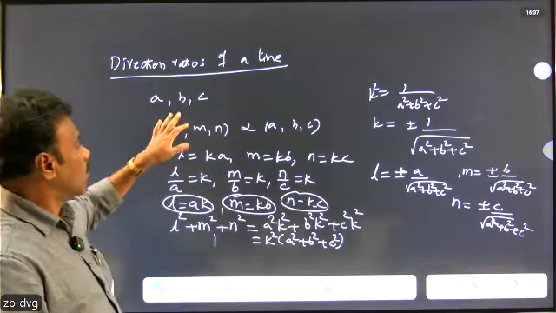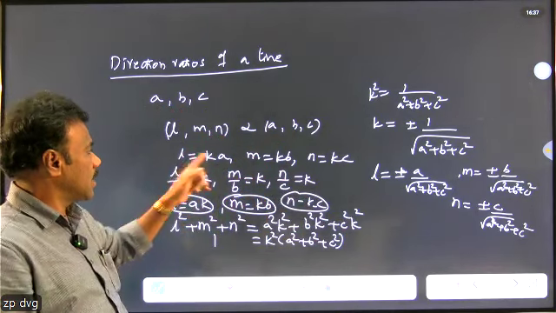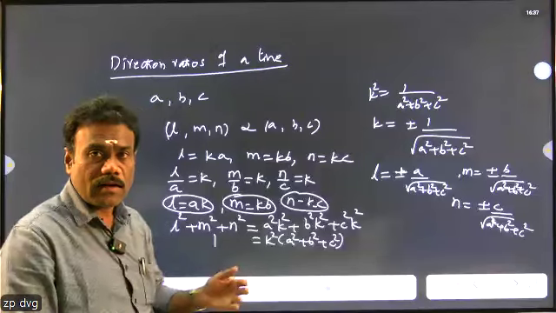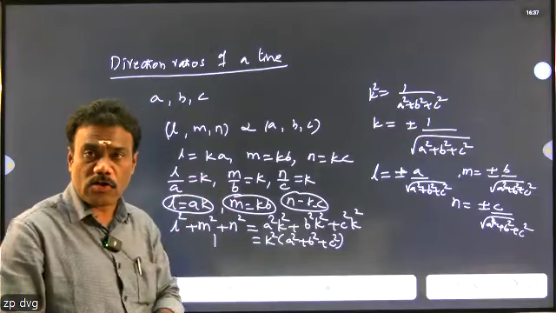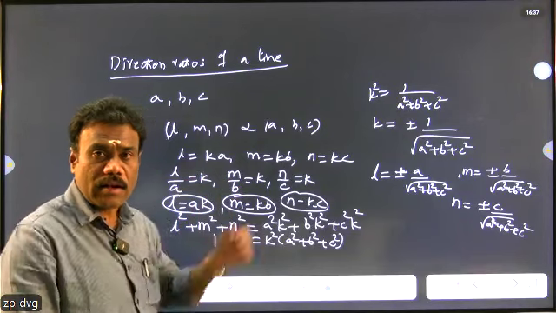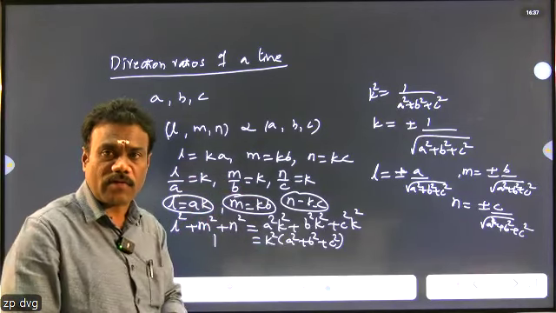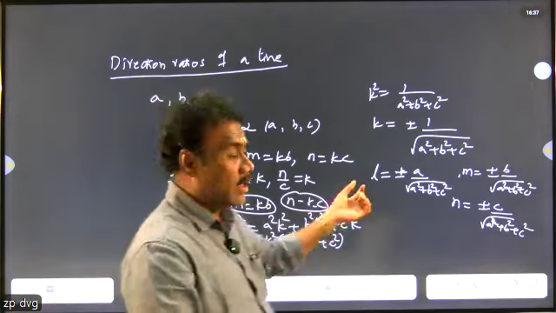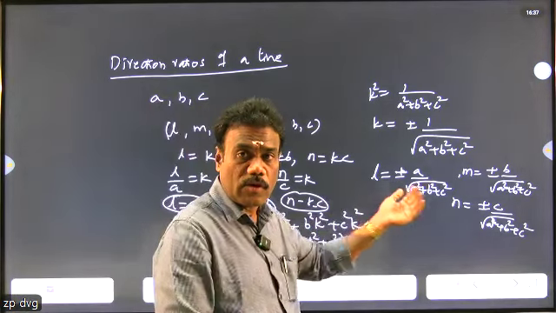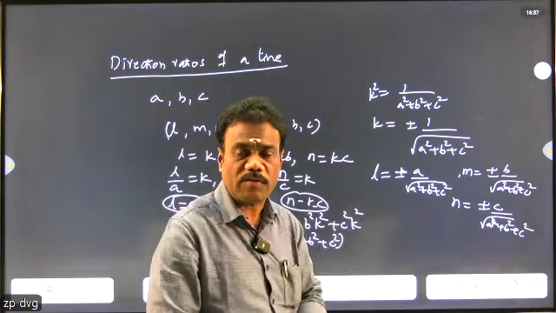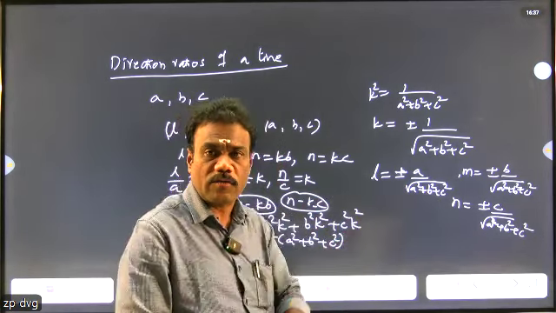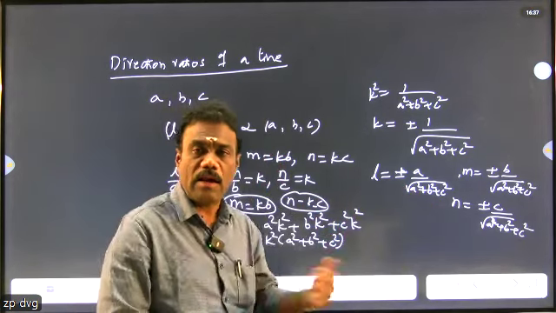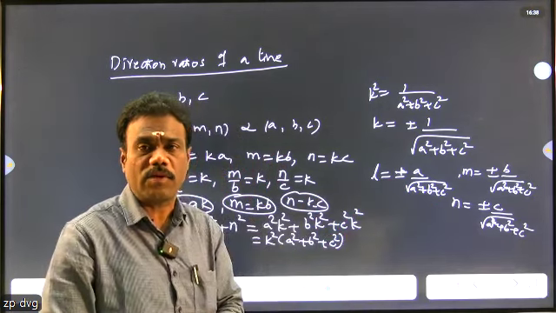So if l, m, n are the direction cosines of a directed line and a, b, c are its direction ratios, then to find the direction cosines when you know the direction ratios, we can use l is equal to a by root over a square plus b square plus c square, m is equal to b by root over a square plus b square plus c square, and n is equal to c by root over a square plus b square plus c square.